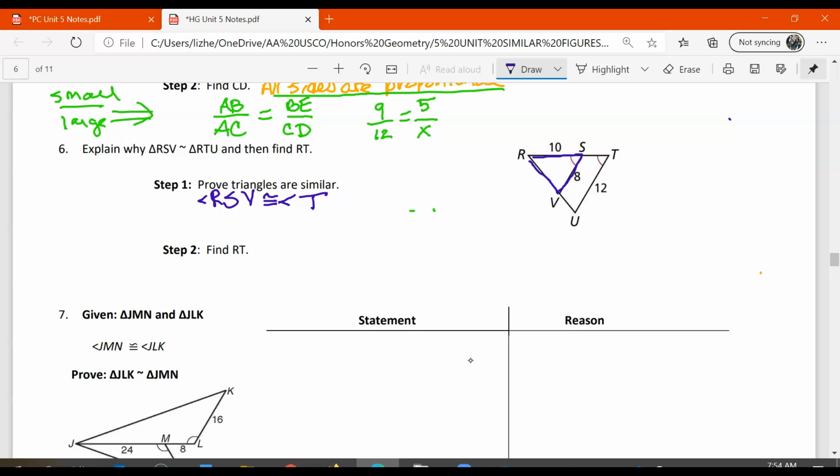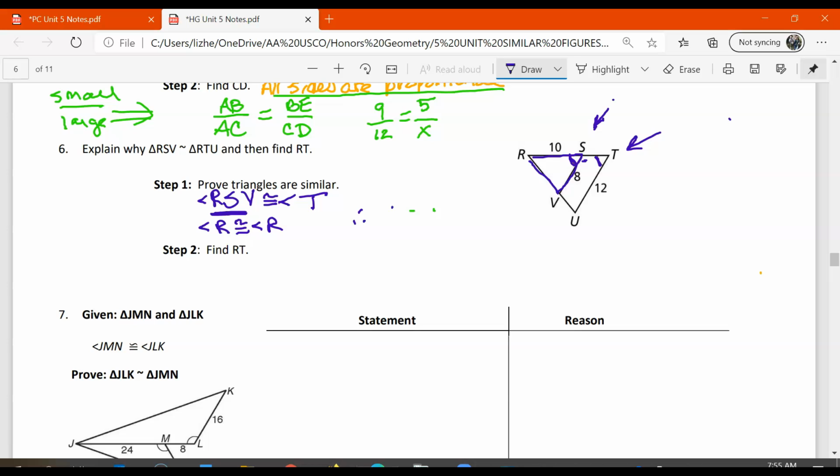Now for S, I could not write angle S because there's 2 angles for S, right? So I had to use 3 letters for angle S, but for T, I only had to use 1. So anyhow, these 2 angles are congruent. And then I also see that angle R is congruent to angle R by reflexive. So therefore, I have 2 angles congruent.